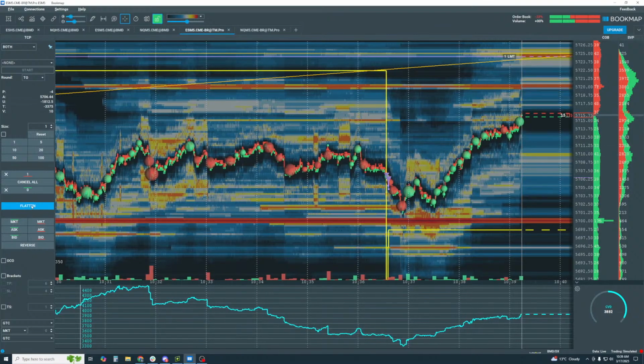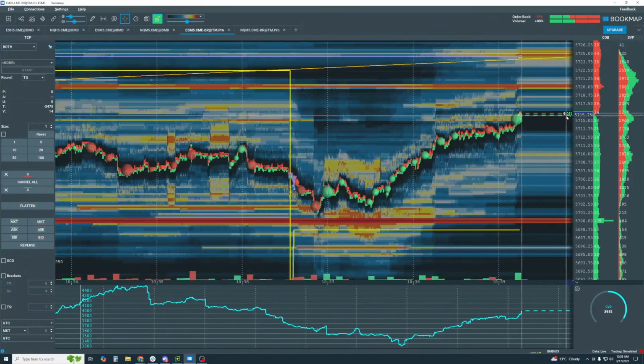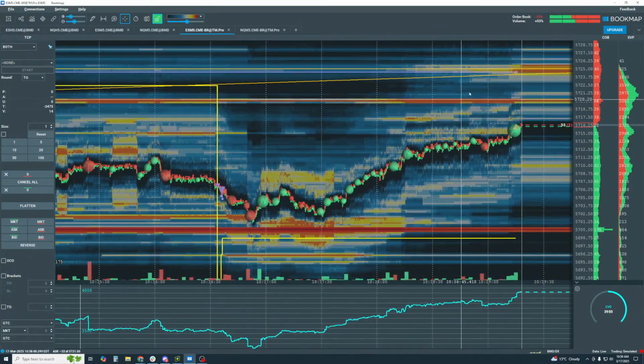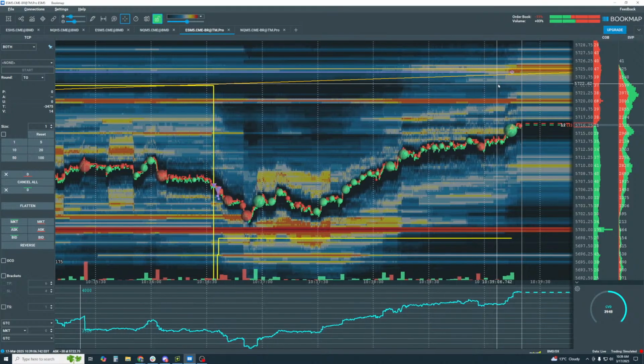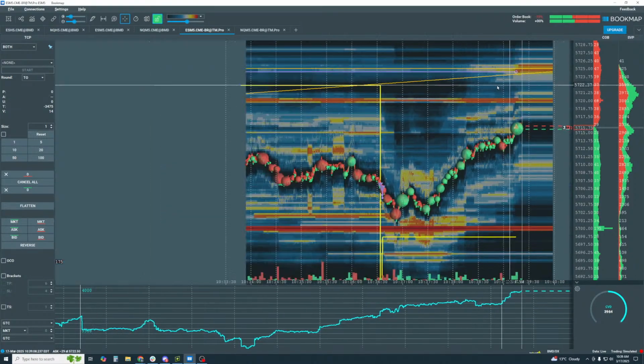Yeah, we're getting squeezed. We're getting annihilated here. All right, we're going to exit that, and we're just going to take a step back here and reevaluate.